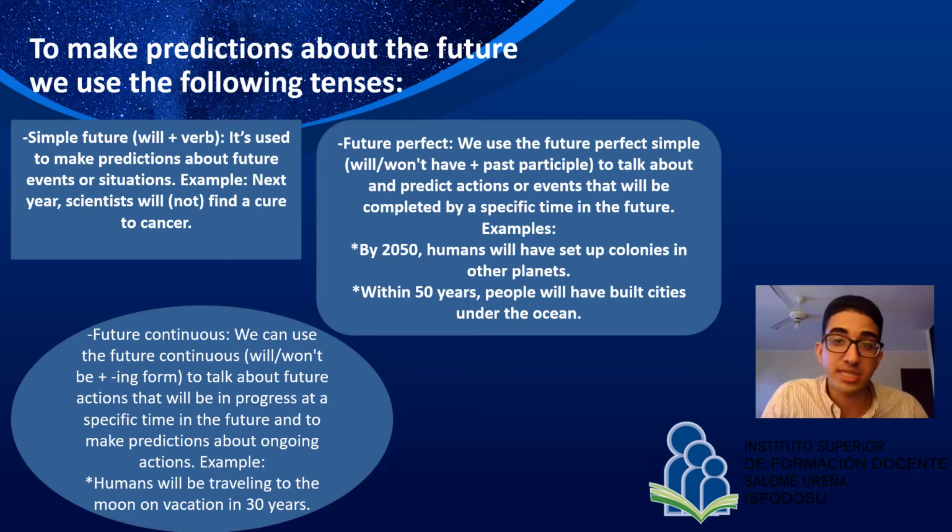So when you say, for example, by next year, I will have bought my own house, that means that when next year comes, that action will be finished by that time. So the structure in the future perfect is the auxiliary verb will plus have plus the verb in past participle.